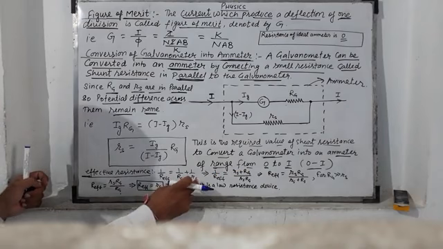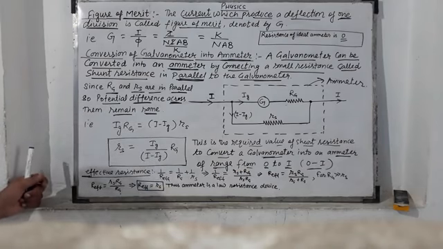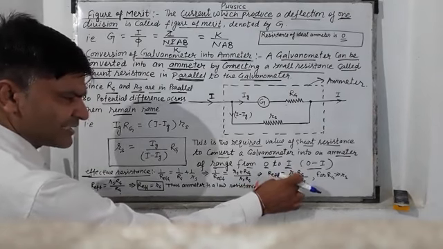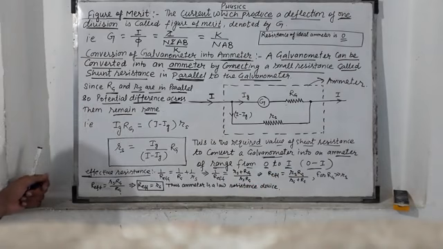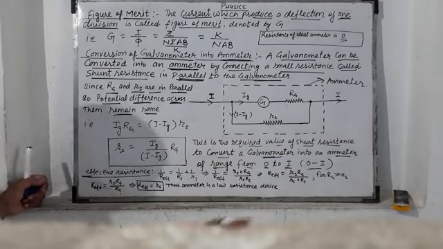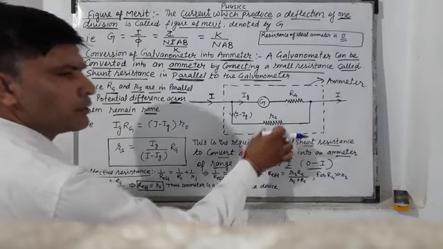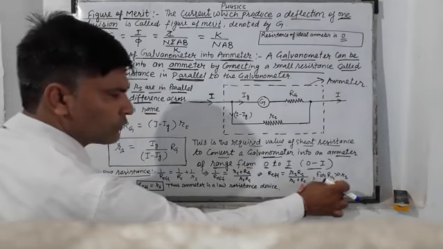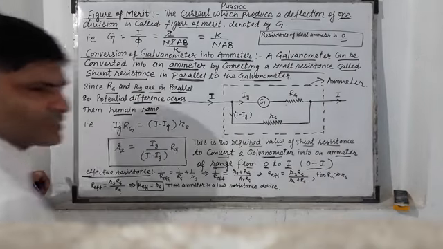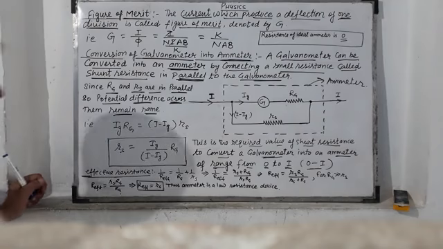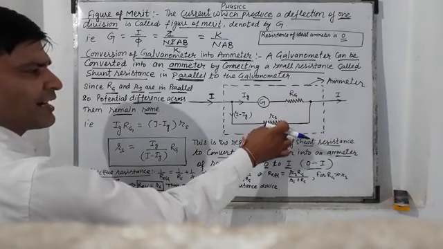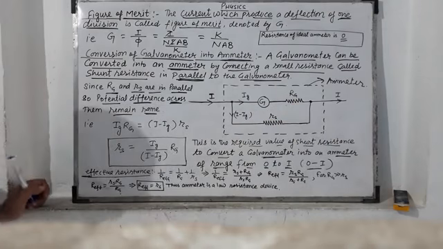Then R effective is equal to RS RG upon RS plus RG. As we know RS is very small and the resistance of the galvanometer RG is large, we neglect RS in the denominator.